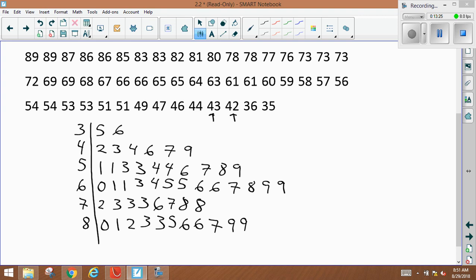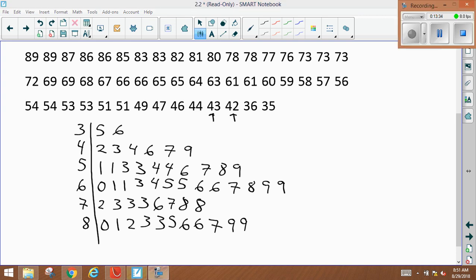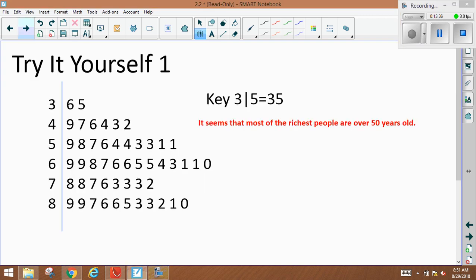So it takes a little while to accumulate wealth. Oh, and there it is. We made that. Beautiful. And it seems like the richest people are over 50 years old.